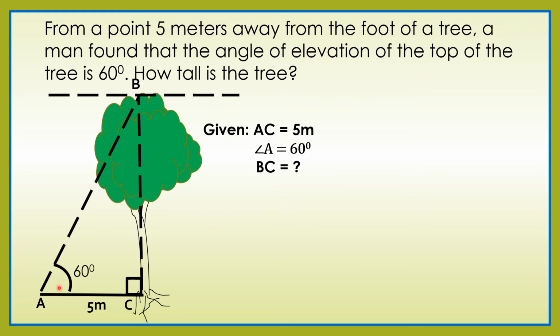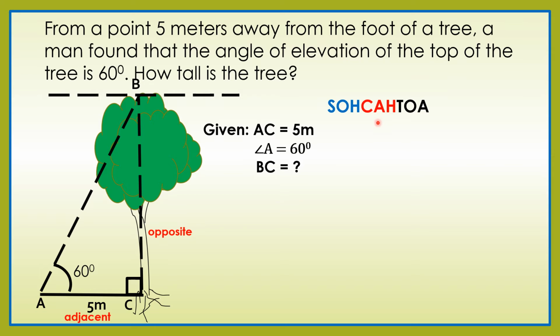So, ang reference angle natin dito sa triangle na to ay yung angle A. So, that is 60 degrees. So, since ito ang hinahanap natin, kapag kinonsider natin to using the reference angle, ito yung opposite side. Yung AC natin, that is the adjacent. So, let us use yung SOHCAHTOA para ma-solve natin yung height ng tree.